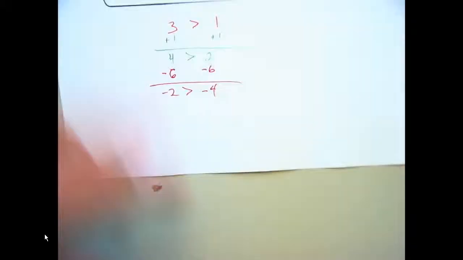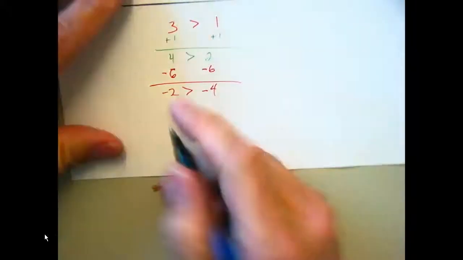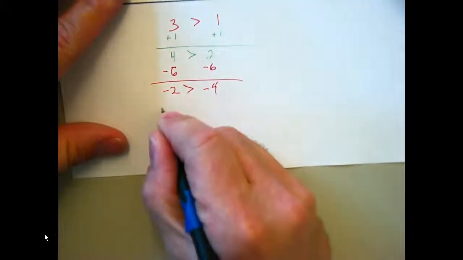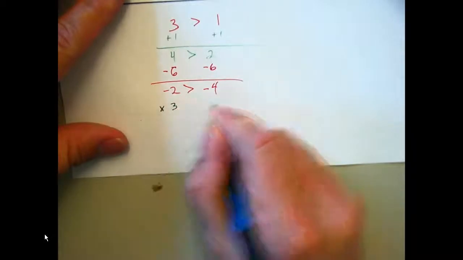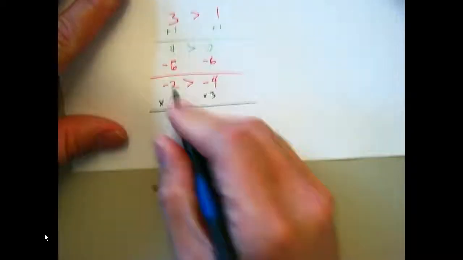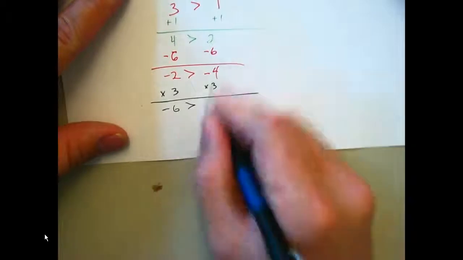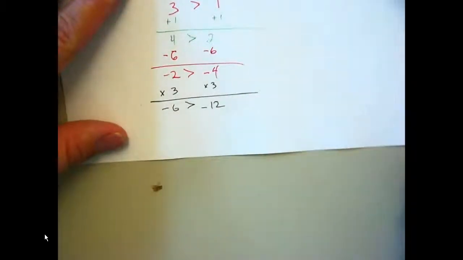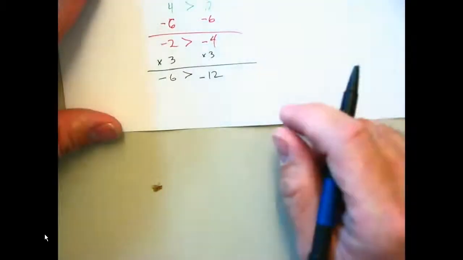All right, so let's say I multiply it by 3. That gives me negative 6 is greater than negative 12. Still true? Negative 6 bigger than negative 12? Yes, it is.